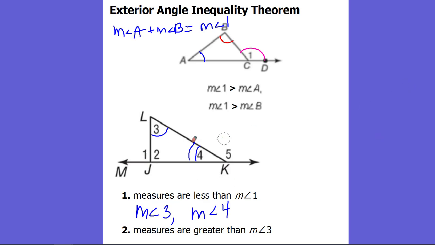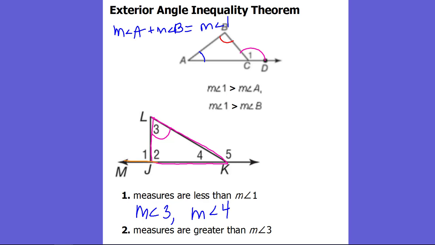Then part number 2 asks us which angles have measures that are greater than the measure of angle 3. So angle 3 is a remote interior angle, and so the exterior angles for this triangle are going to be greater.